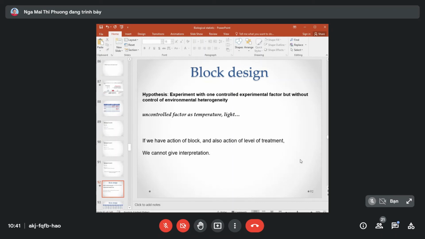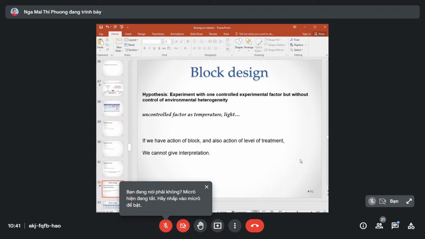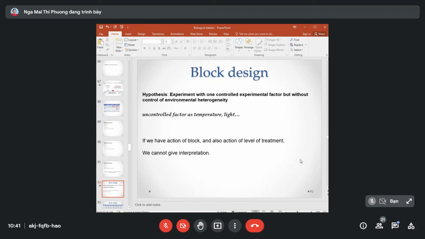If you have the action of uncontrolled factors and you like to study the effect of those parameters at the same time, at the end, when you have a result, you cannot give the conclusion or the interpretation because you have several factors acting together, right? We must remove the uncontrolled factors. So by using block designs, it will help you to see if you have actions of uncontrolled factors or not.